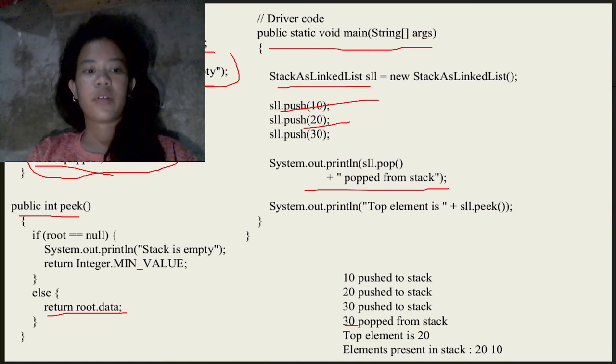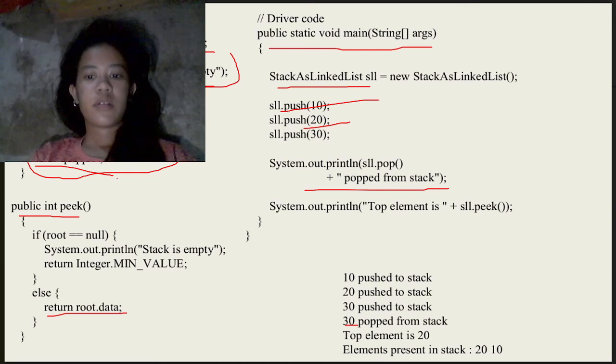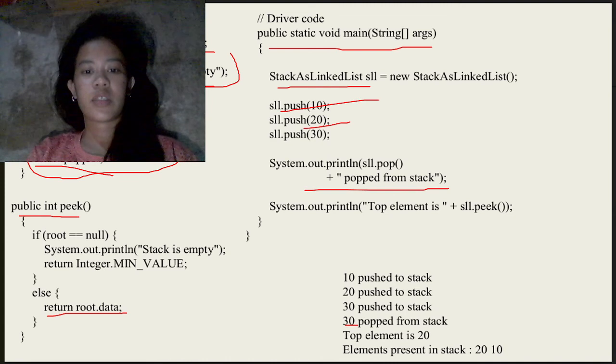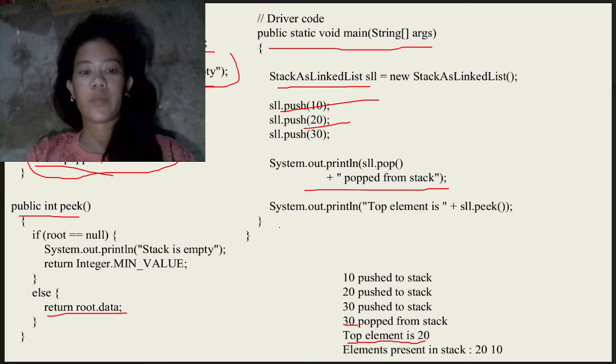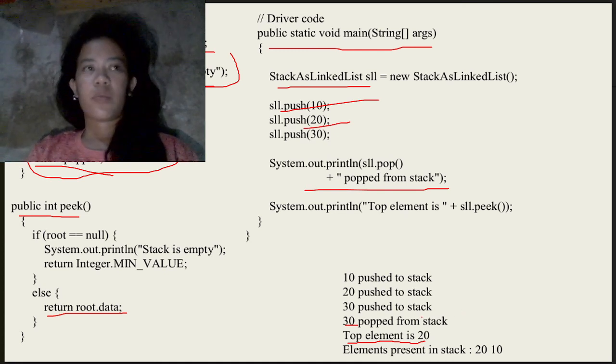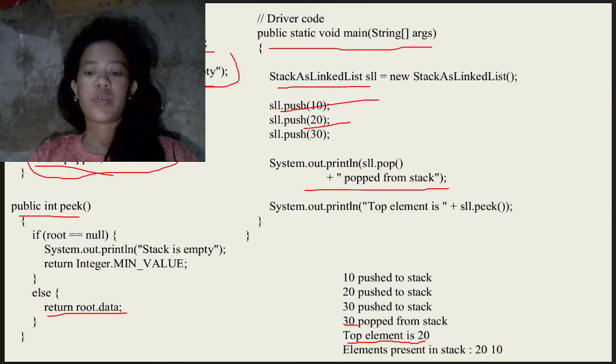And after that, it will return to the previous data, which is the 20. Then the 20 will be the top element, since 30 is already removed from the stack. And then it will present the elements in the stack, which are the 20 and 10.